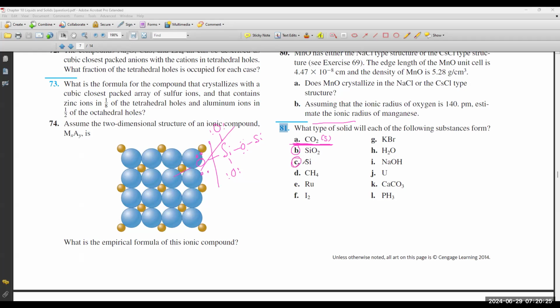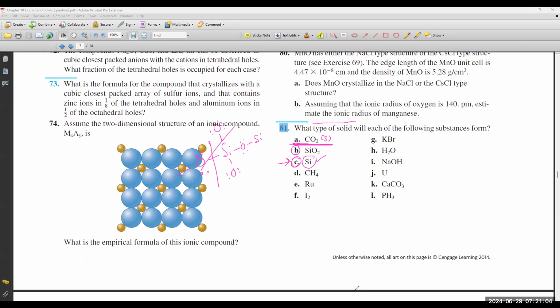Okay, C. Yes, this one. We are on C. Silicon carbide: they are also a covalent network, not as strong as diamond and graphite, but very close to carbon.